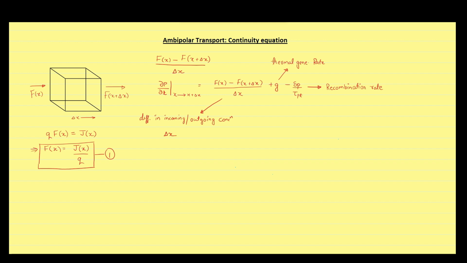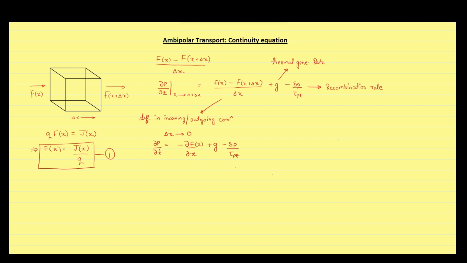Now, if we let delta x approach 0, then we will get the following. Here tau pt is the total lifetime, which includes the thermal equilibrium carrier lifetime and the excess carrier lifetime.